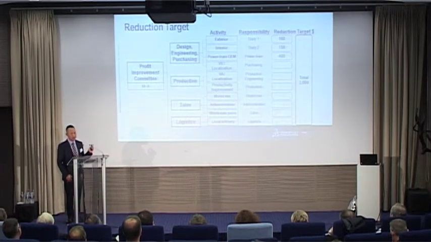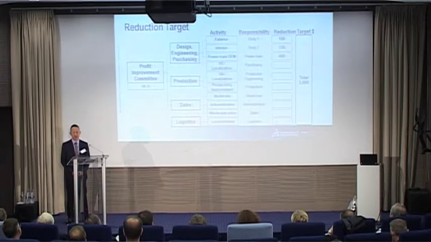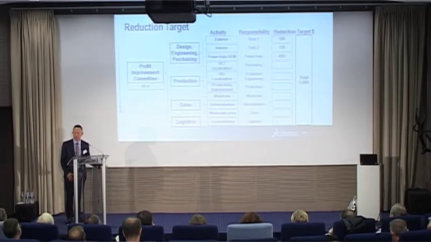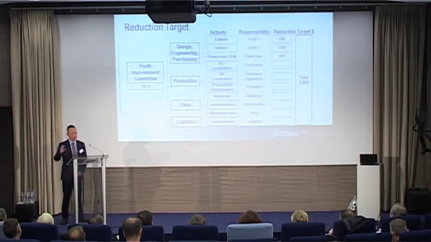So to unveil this vehicle, we did a setup. We set a cost reduction target of 40% per vehicle. So you can see this profit improvement committee means cross-functional teams. This team is the responsible group.